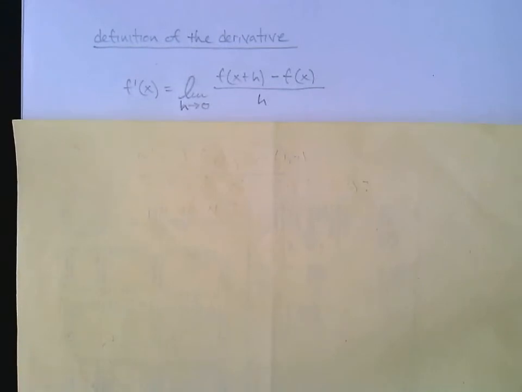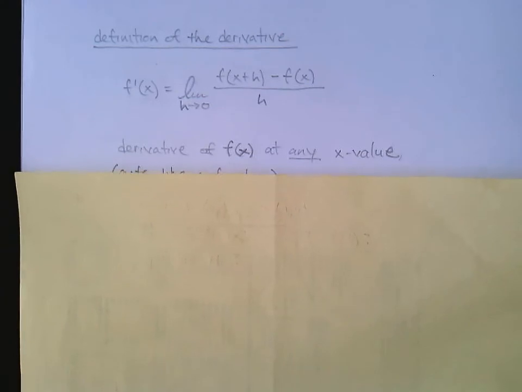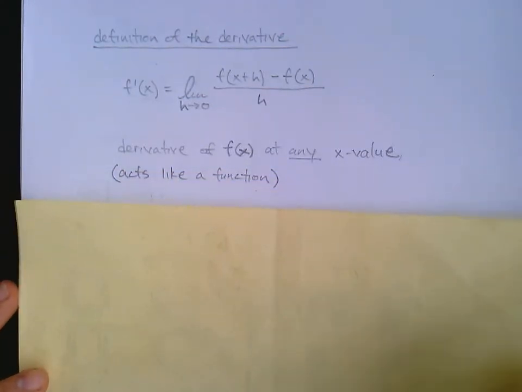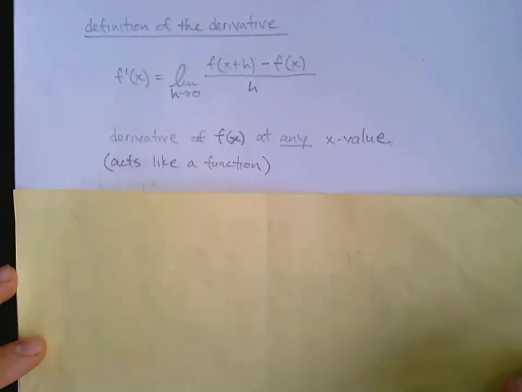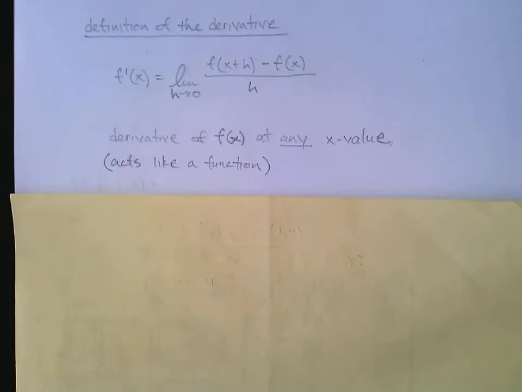So what's the difference between this and that previous formula? Okay. Here, notice we're not saying this is the derivative at any particular x value. This is the derivative for any x value in the function.